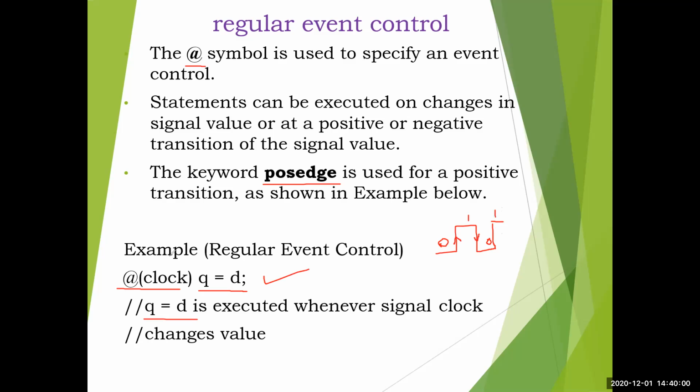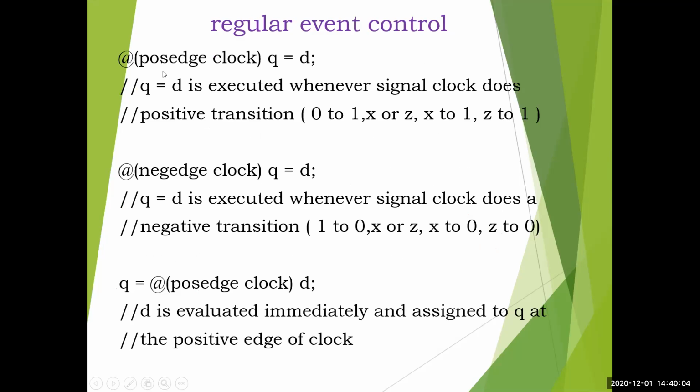But if you write the same statement, now we'll modify the example. See here, if I write posedge of the clock q equal to d, now q equal to d is executed whenever signal clock does a positive transition. What is that positive transition? See here, this is the clock signal. If there is any change in the value of the input, it will happen only during the positive edge.